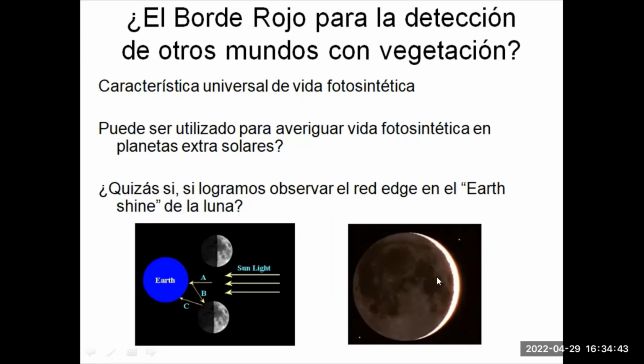If we can detect the red edge in this light, first scattered off the Earth, then off the moon and back to Earth, then possibly we could detect the red edge on planets of other stars.